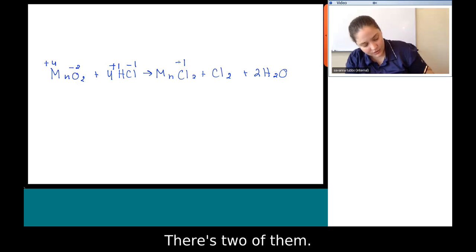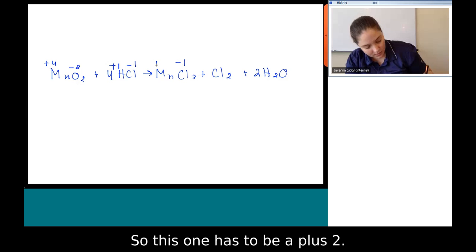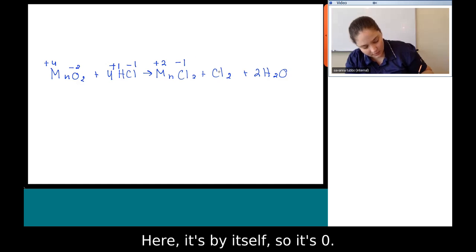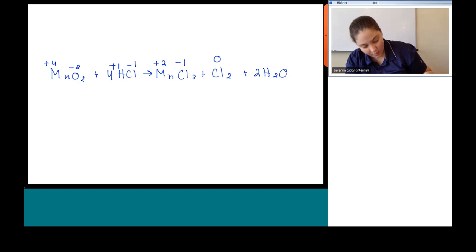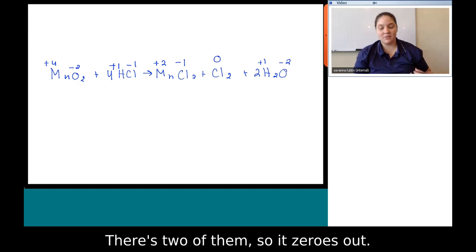Cl is -1, there's 2 of them, that gives us -2, so this one has to be a +2. Here, it's by itself, so it's 0. Our oxygen is -2, hydrogen +1, there's 2 of them, so it zeroes out.